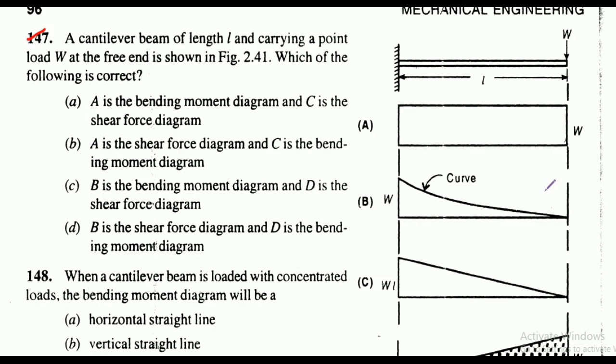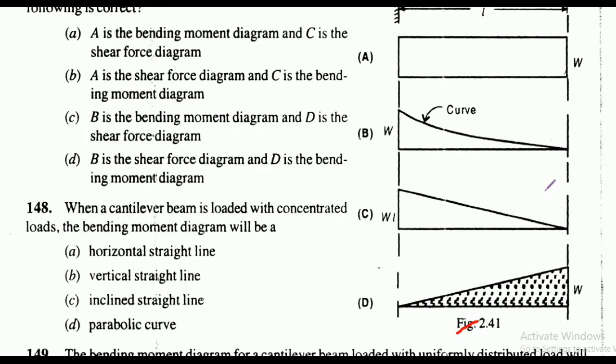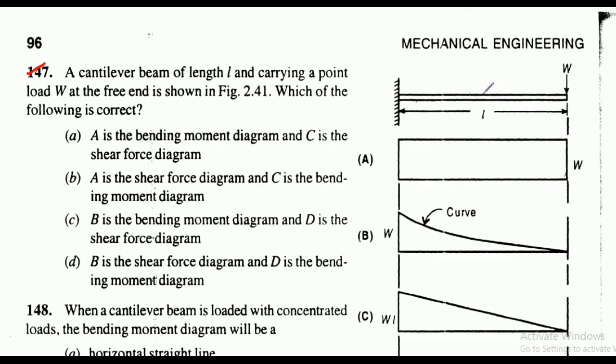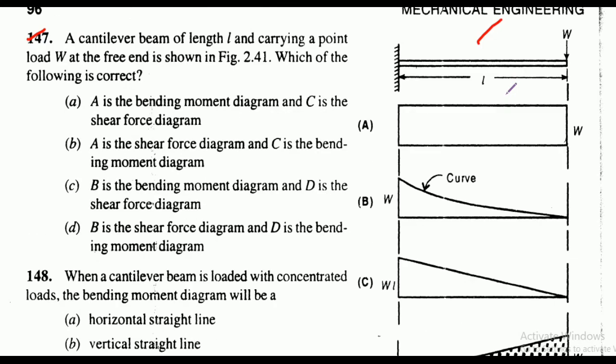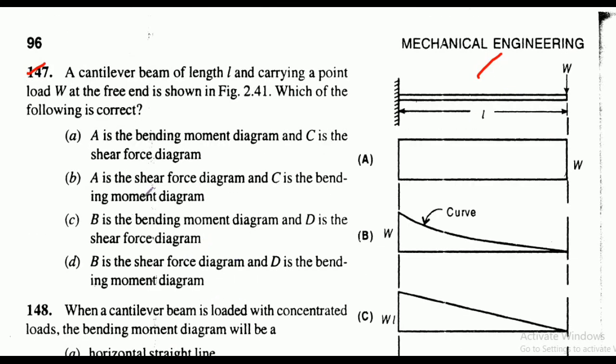Here friends, this is the figure. As you can see, and here these are the options, and here correct answer is option B, that is A is the shear force diagram and C is the bending moment diagram.